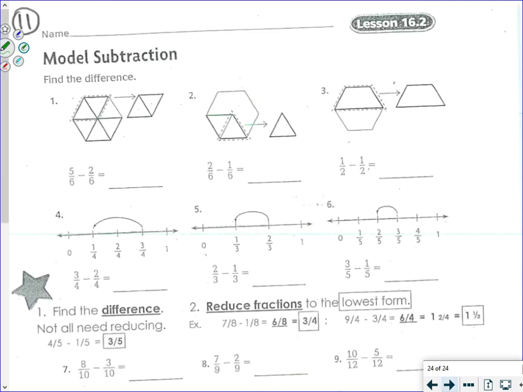Let's do subtraction. So now we're doing subtraction. Okay. So find the difference. Okay. So we have 5/6 minus 2/6.